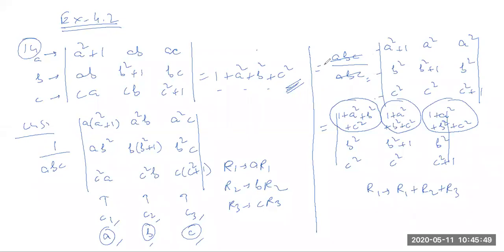Okay, Manan has put a doubt: can it be expanded without performing any operation to get the result? See, you'll get the result, but it will take a lot of time. It will take more time than we took right now. And also if you expand the determinant directly, maybe marks will be deducted in the exams, because the question comes that using the properties, show that the determinant will be equal to this.